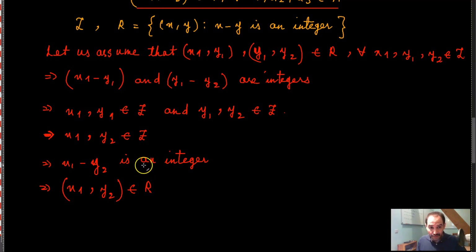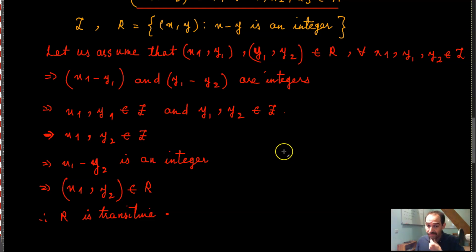So this was my assumption: we have assumed that x1 comma y1 and y1 comma y2 belong to R, and that implies that x1 comma y2 belongs to R, which means that R is transitive.